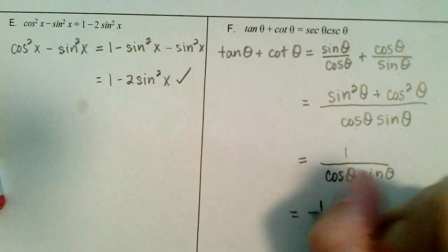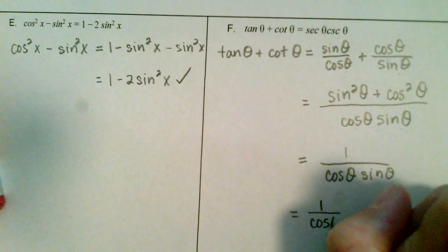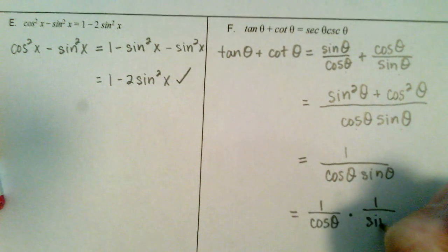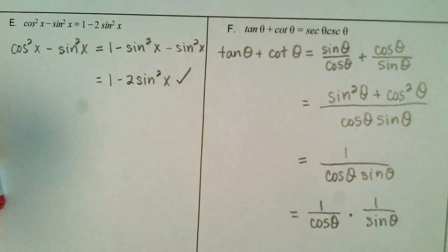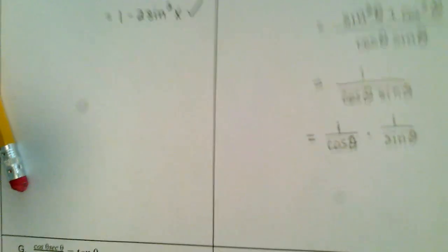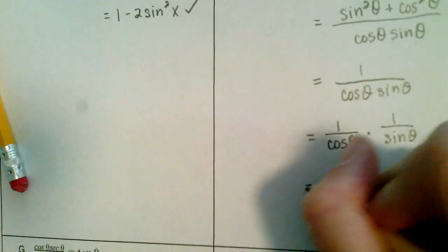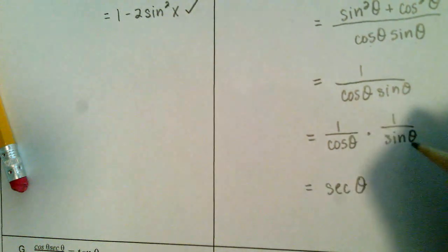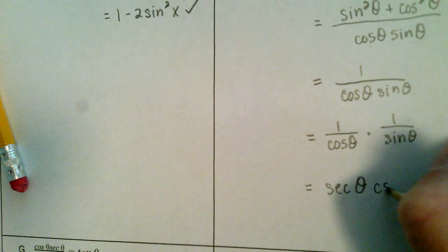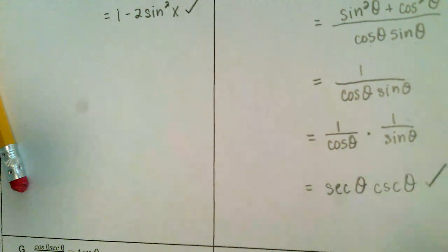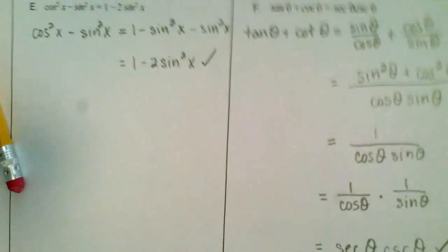I see that I can rewrite this as 1 over cosine theta times 1 over sine theta. That's still equivalent. And then I see that 1 over cosine theta is equal to secant theta, and 1 over sine theta is equal to cosecant theta. Now I am where I want to be. So I have proved my identity.